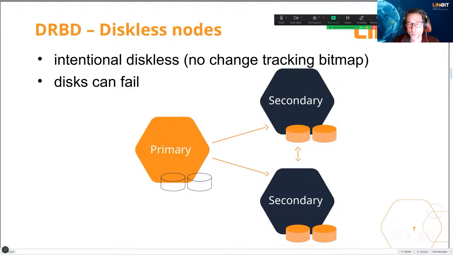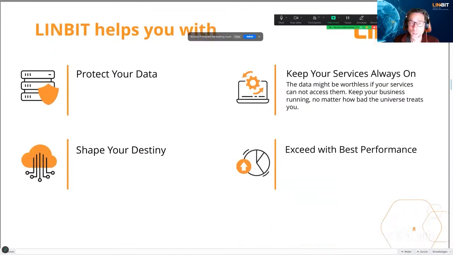So if there is a read request coming down from the virtual machine, DRBD can decide where to send the read request, and it will load balance between those nodes. If it receives a write from the KVM process, it sends it to both nodes concurrently. That was it already about the data replication part.